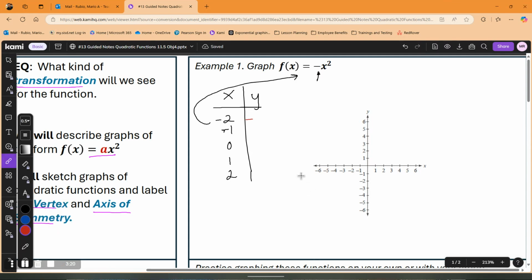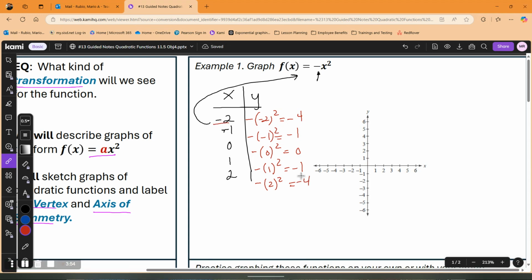So you have negative, parentheses, negative 2 squared; negative, negative 1 squared; negative 0 squared; negative 1 squared; negative, parentheses, 2 squared. What happens is you square what's inside. Negative 2 squared is 4, but you have this negative on the outside, so you get a negative 4. Negative 1 squared becomes a negative 1, this stays 0, that becomes a negative 1, and then this becomes a negative 4.